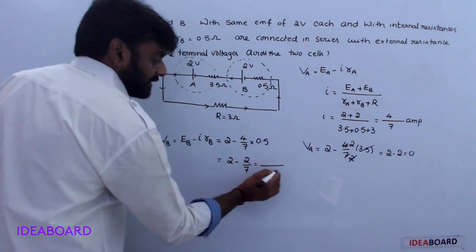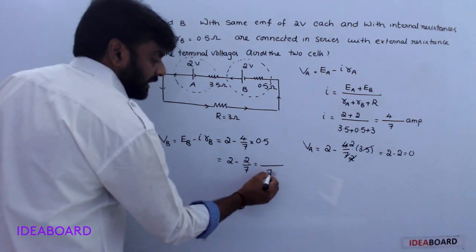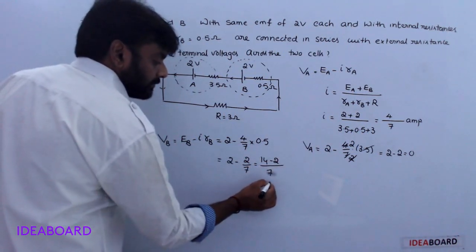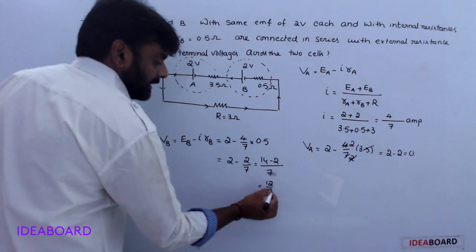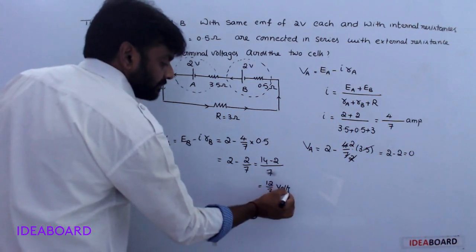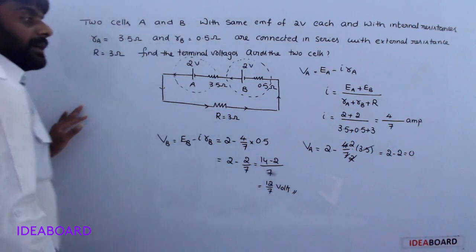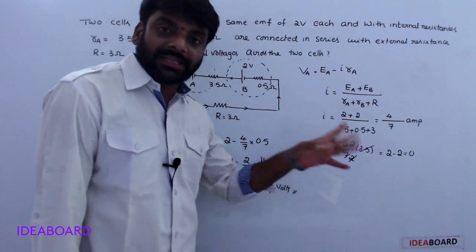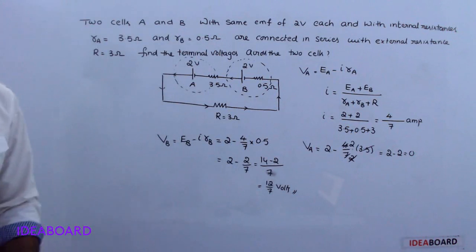What is the LCM here? 7. So 14 minus 2 is 12 by 7 volts. Understood? The potential drop across the second cell is 12 by 7 volts, and across the first cell it is 0.